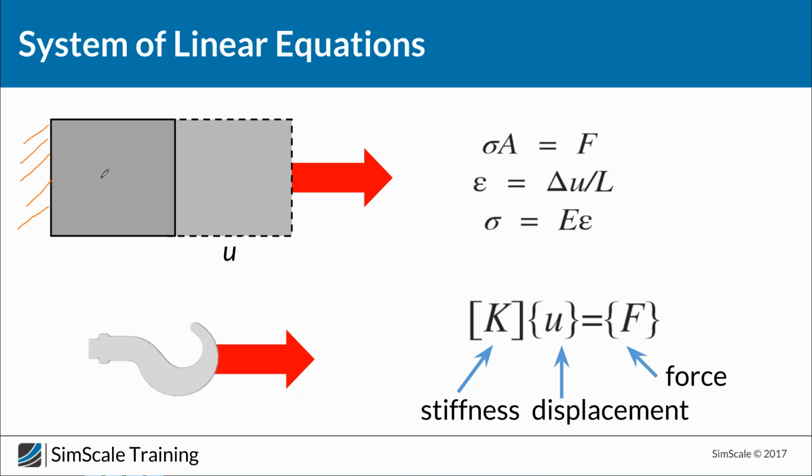And if we think about this example, or about, for example, a linear spring, which is also a very good example to get introduced to FEA, we basically have a relationship between our stress sigma, my elongation epsilon, and my E modulus.